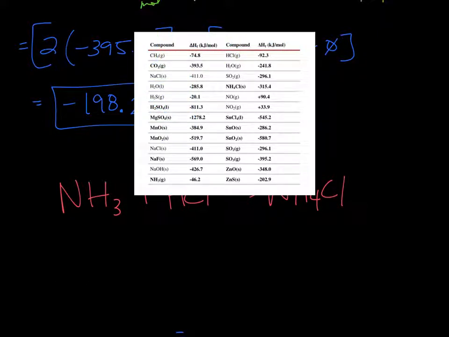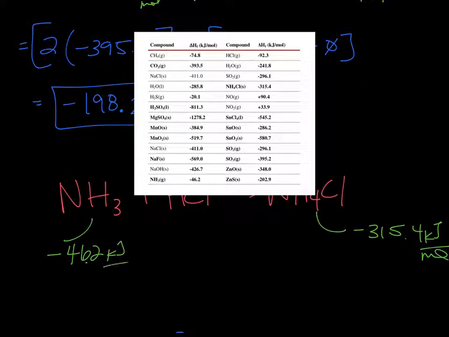Okay. It says that NH4Cl is negative 315.4. NH3 is negative 46.2. And HCl is negative 92.3.